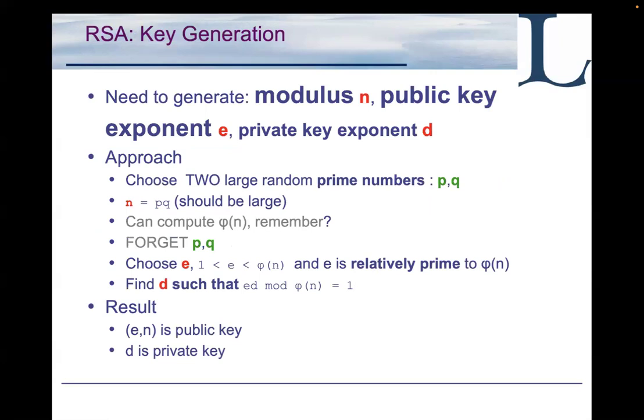So now we start the RSA algorithm by looking at how keys are generated. What we want to generate is a modulus, using which we will do computations, and two numbers, a public exponent and a private exponent.